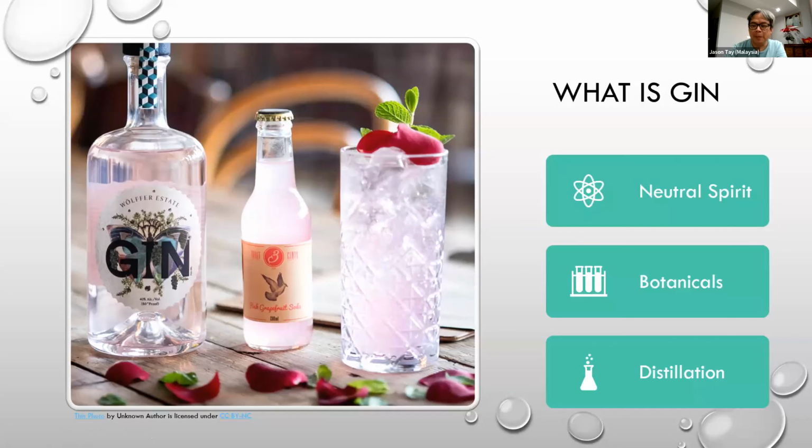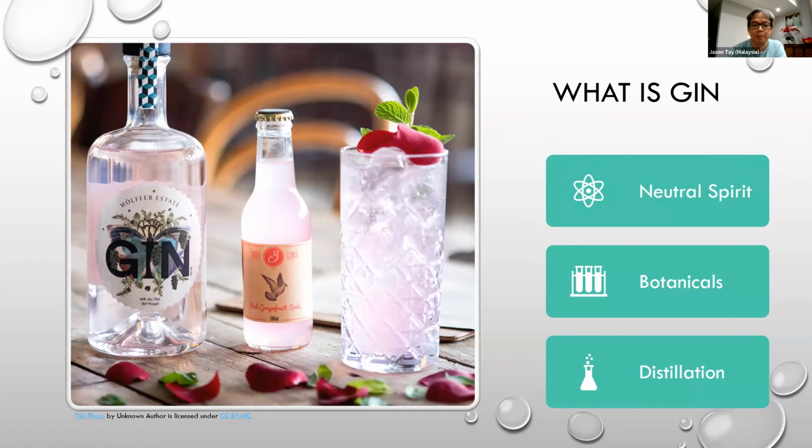So the basic idea is here that I wanted to choose as an application was what is gin, right? So fundamentally, you start with neutral spirits. In general, that means that you have a sugar wash that is fermented and then distilled into a relatively high proof spirit. And then you have botanicals, right?